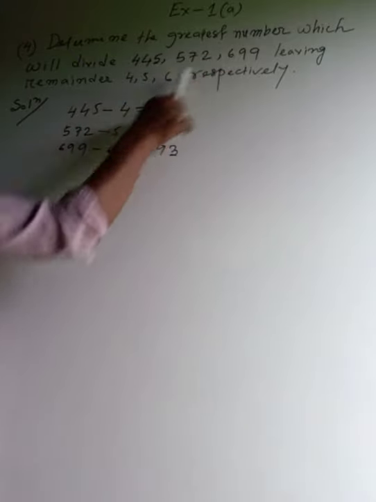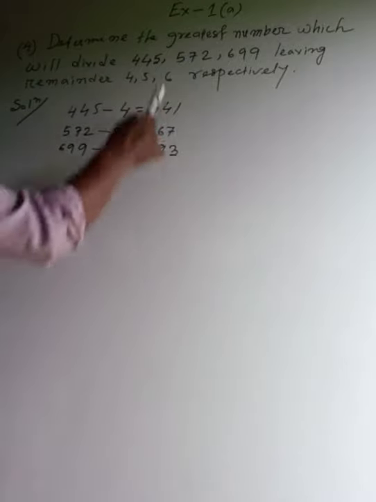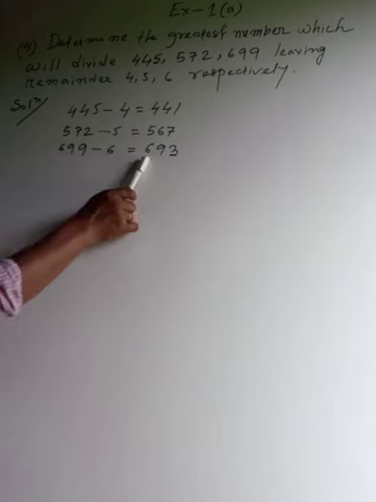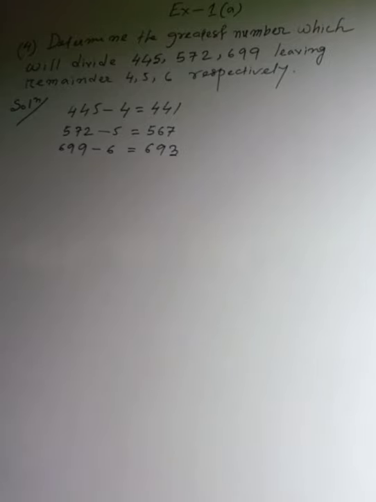Similarly, 699, the remainder is 6, so we subtract 6 and got 693. Now we will take the HCF, or we will do prime factorization.